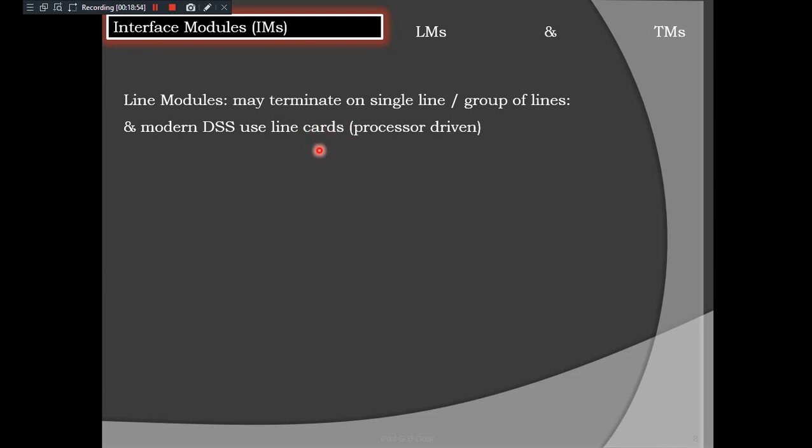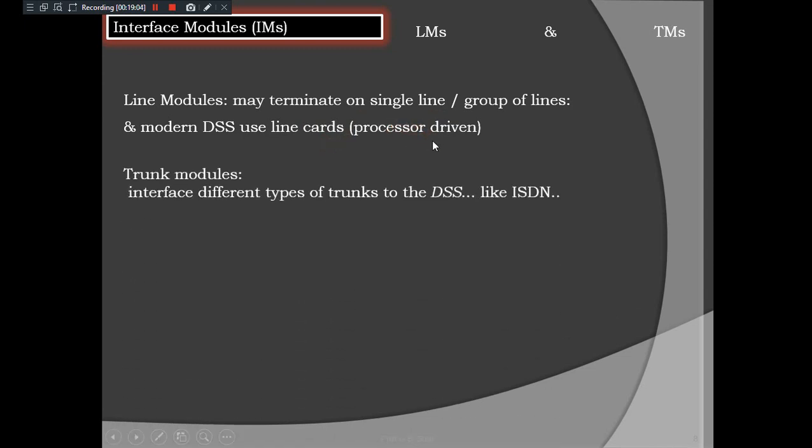Everything will be done at the line card. Line card is where one single subscriber line or a good number of subscriber lines are going to terminate. So that's why it is known as processor driven here. Trunk modules interface different types of trunks to the DSS, like ISDN.